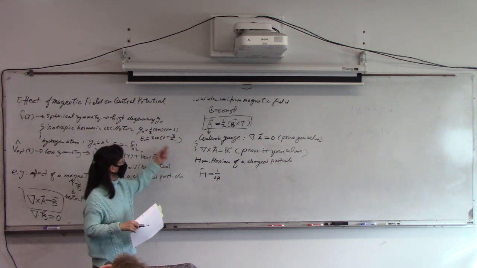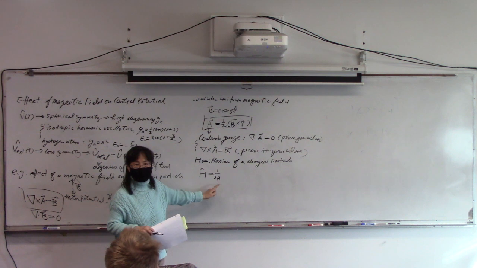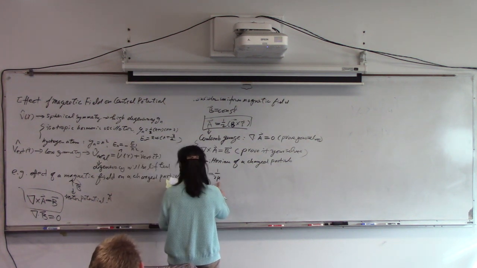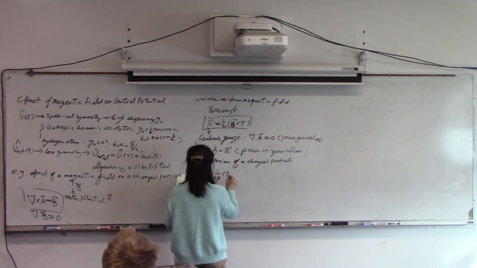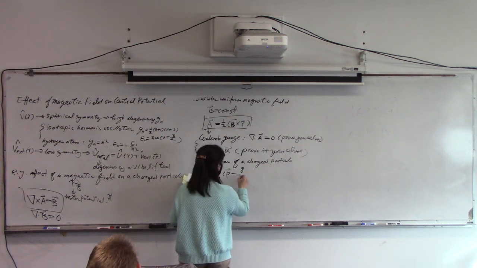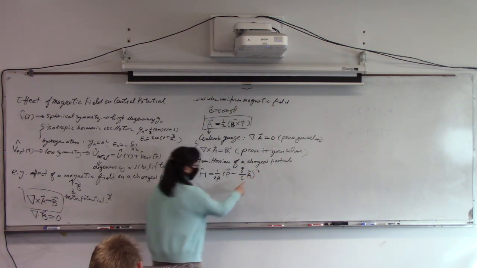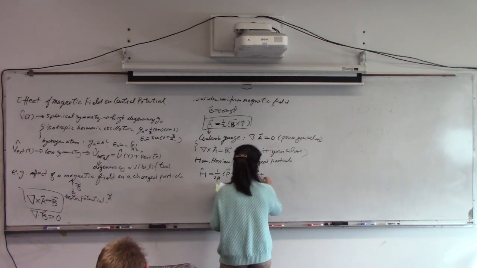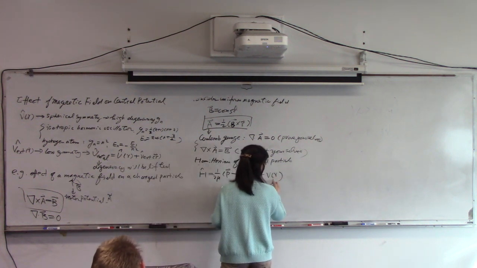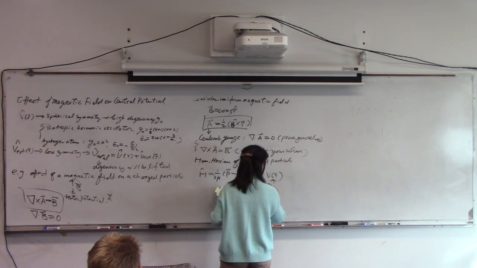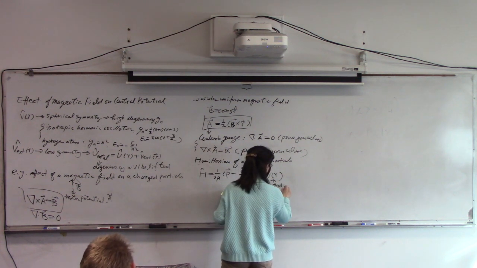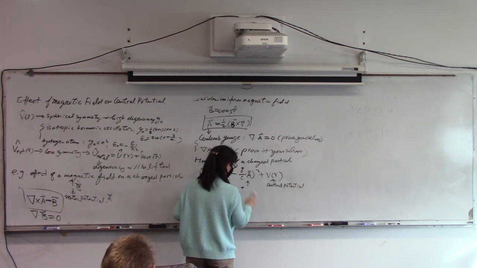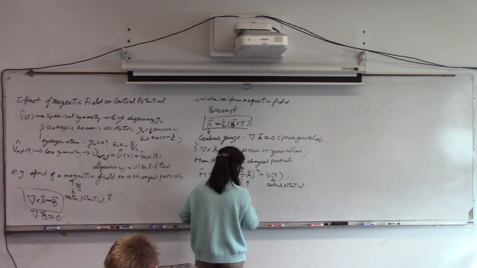Like the hydrogen atom, we have an effective single particle with the reduced mass, so I still use this. Now the momentum is like this, minus this term, the vector potential, right? That is the new momentum. And plus the central potential, without the field, right? That comes from the external potential.